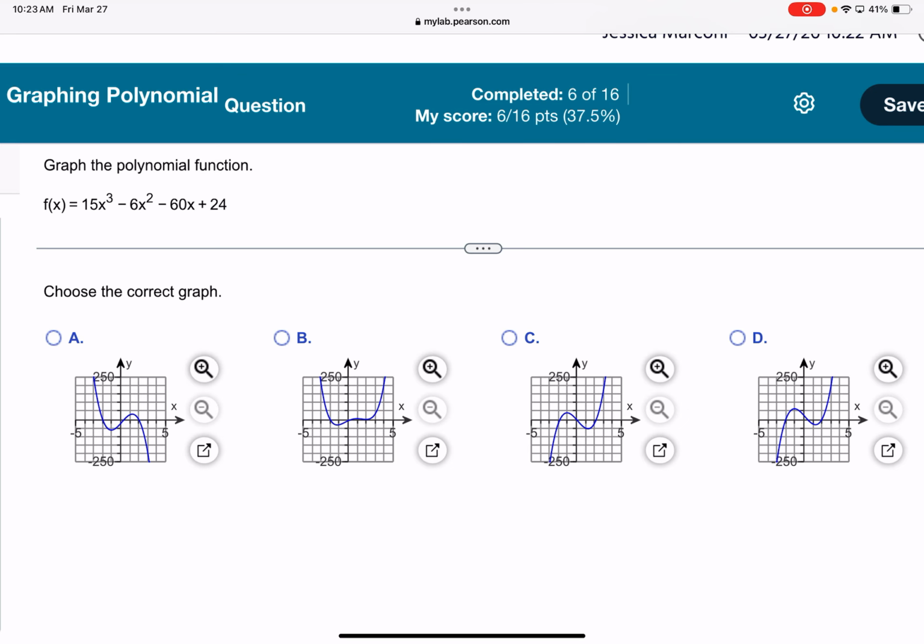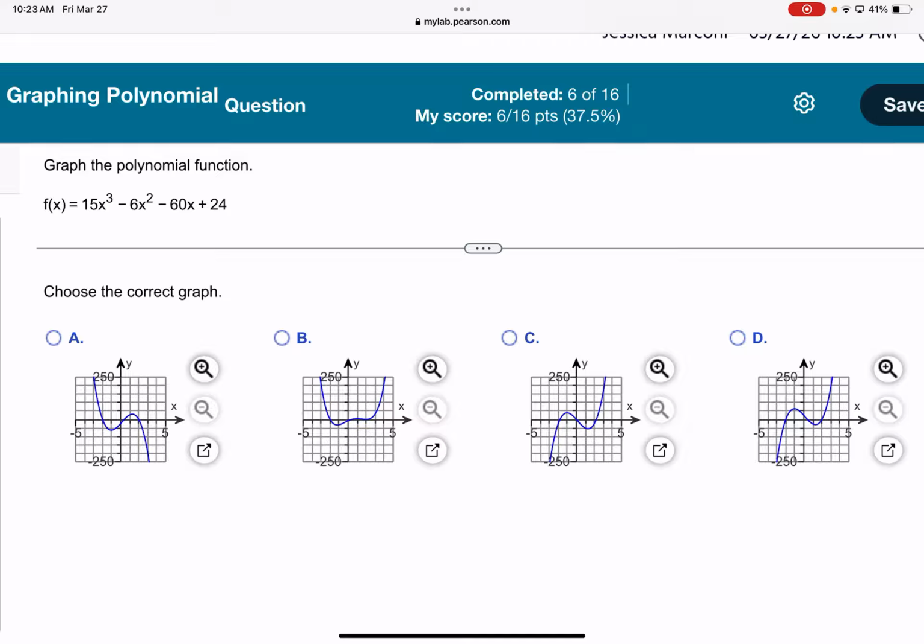So that already eliminates B. Can't be B, because B's end behavior is both going up. Didn't you say when it's negative, it goes down to the right? Yes. So it's A. But is 15 negative? Oh, no. You're right.